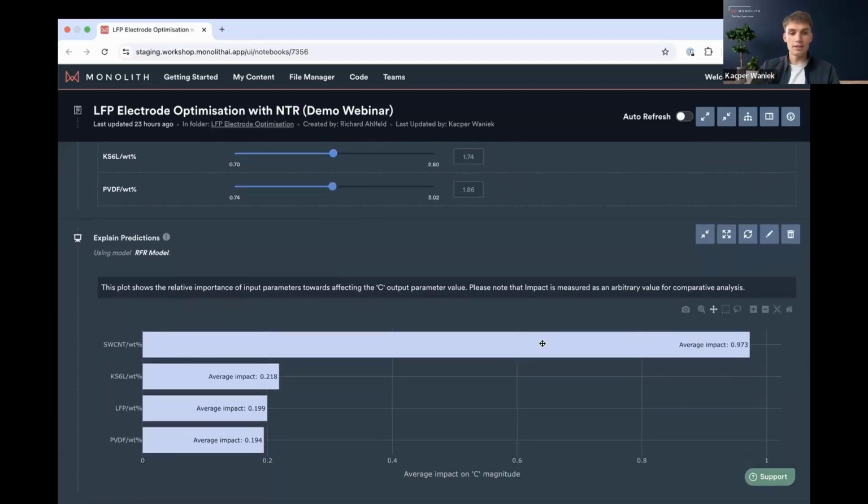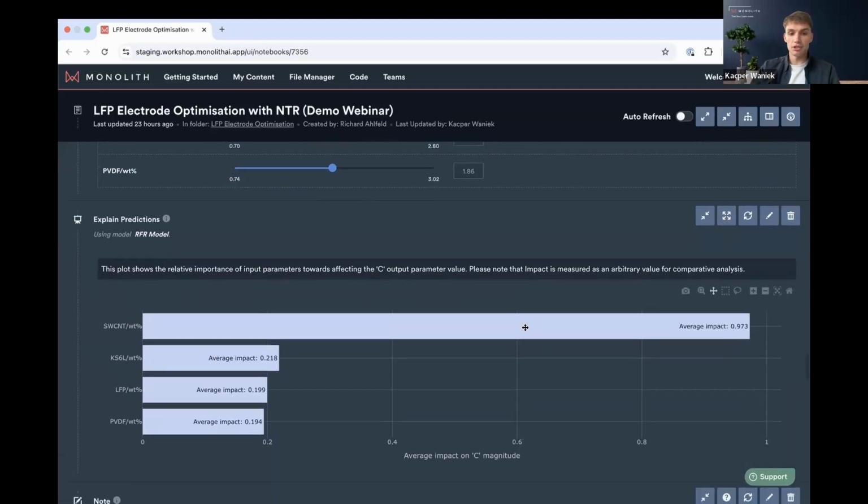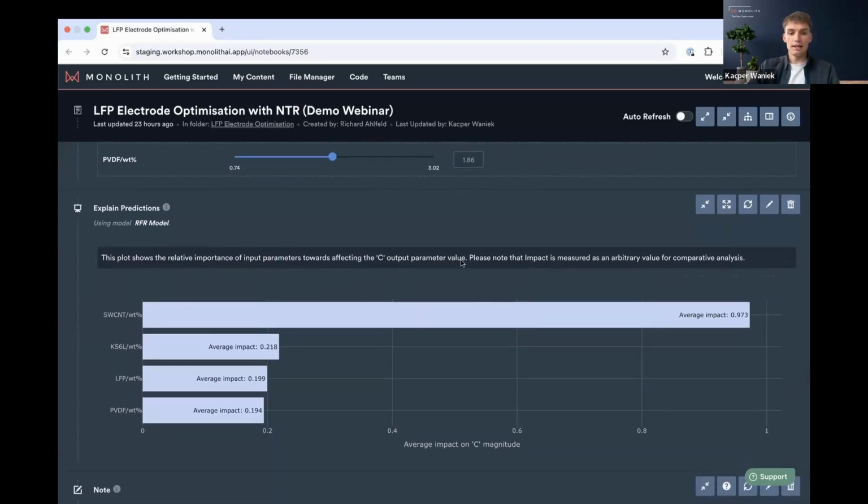Finally, here I've also included an explain predictions feature, with which we can quantify how much each input contributes to a specific output, offering a level of interpretability that's crucial for decision making.